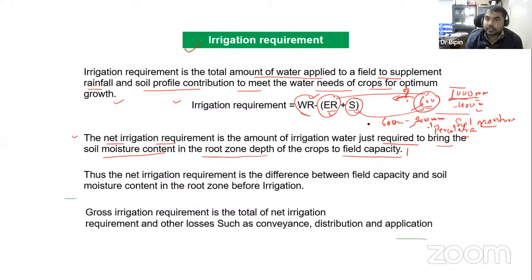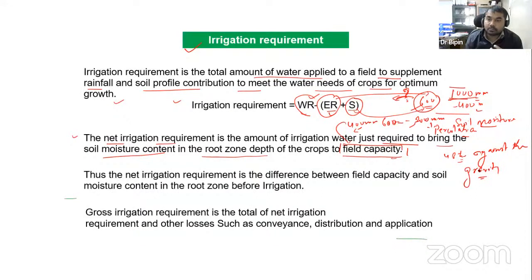When we deduct this 200, then 400 mm is retained by the soil, and that becomes the part of field capacity. Now, 48 hours after the irrigation, suppose today you applied water, after 48 hours the moisture retained by the soil, that state is called field capacity. It means the moisture held by the soil against gravity.